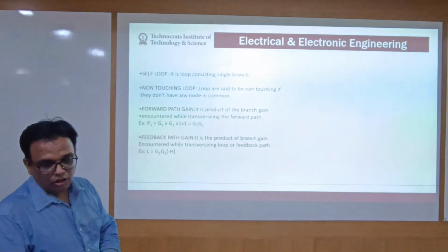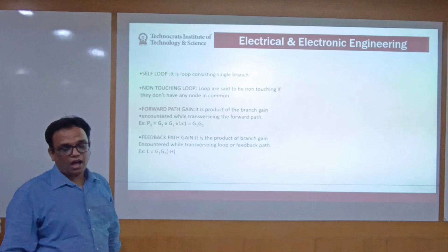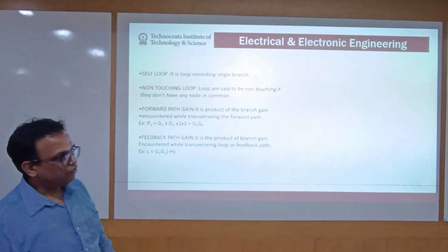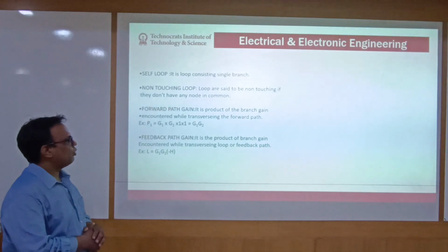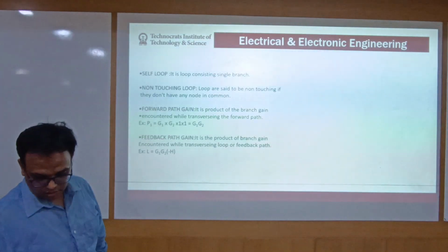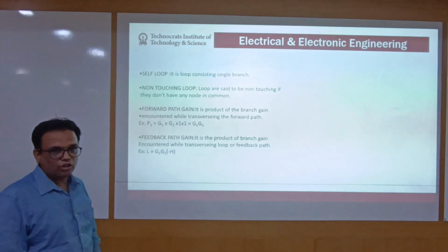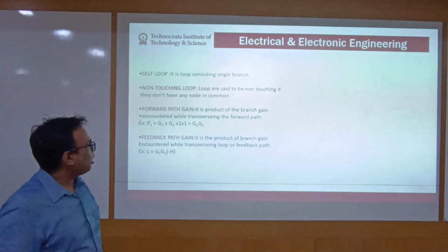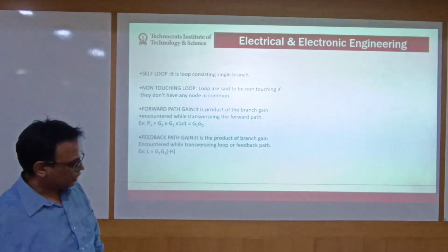Non-touching loops are two loops that don't have a same node. Forward path gain is the product of branch gains counted while traversing the forward path. Feedback path gain is the product of branch gains counted while traversing a loop or feedback path.